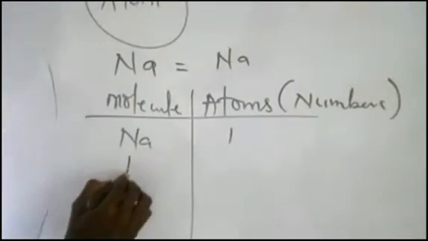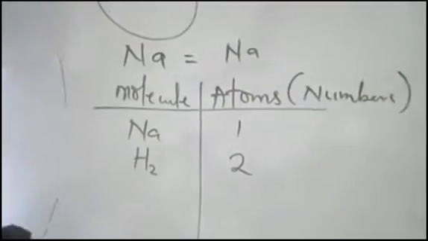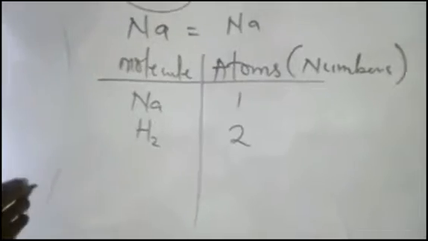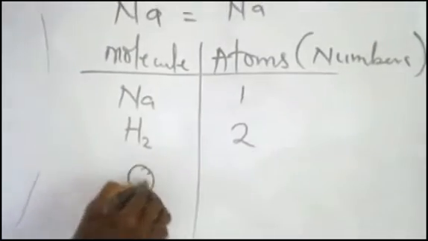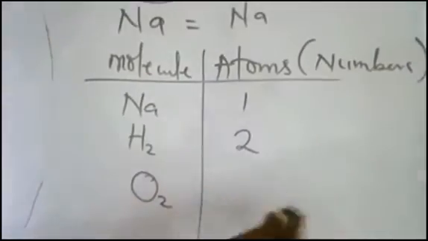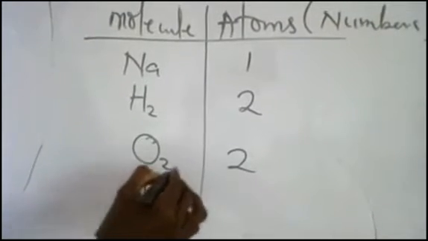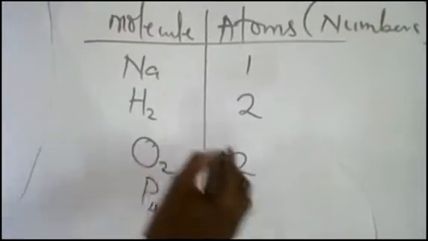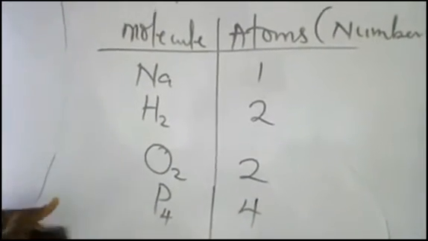In the hydrogen molecule, we have 2 atoms of hydrogen. In the oxygen molecule, we have 2 atoms of oxygen. In the phosphorus molecule, we can have something like P4. We have 4 atoms of phosphorus, and so on like that.